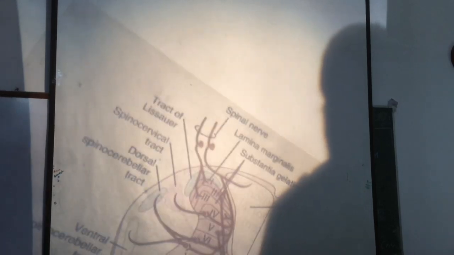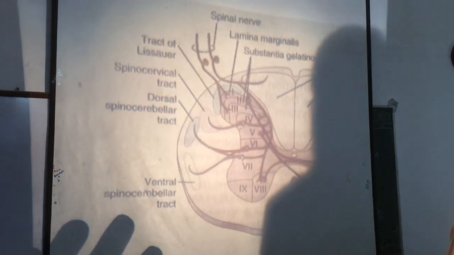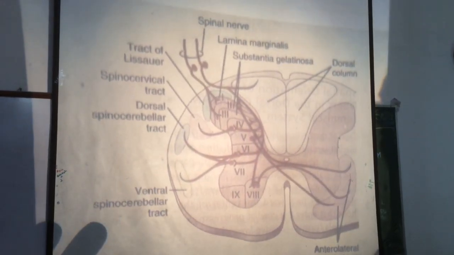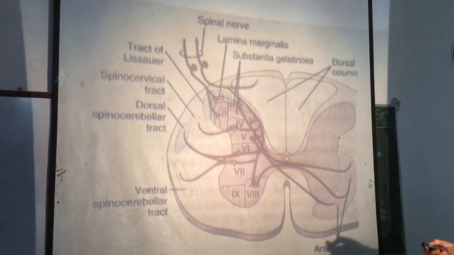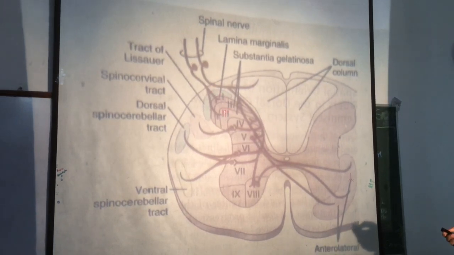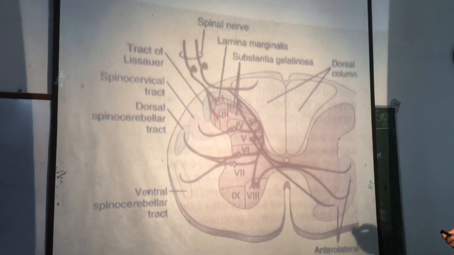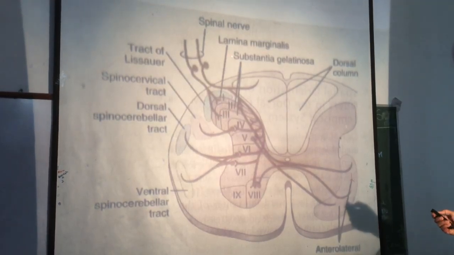So I told you that first order nerve fibers synapse with neurons in lamina 1, 2, 3, including substantia gelatinosa.